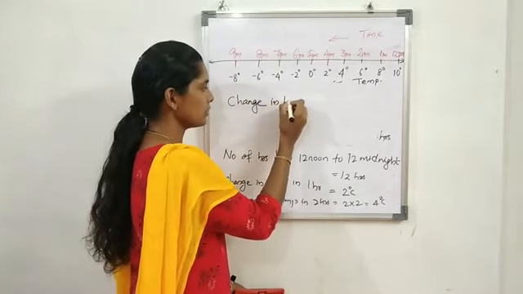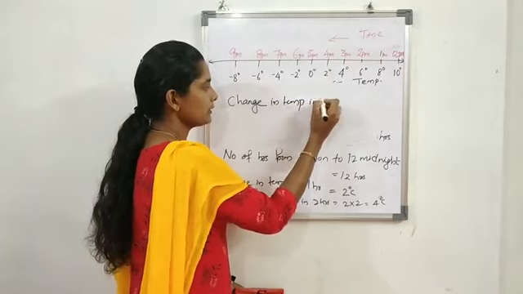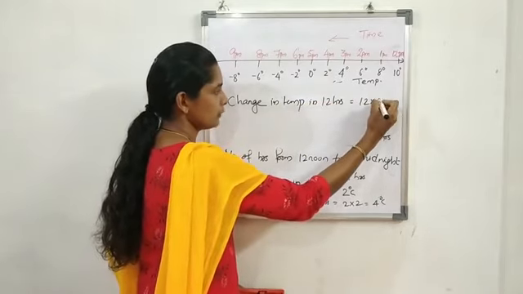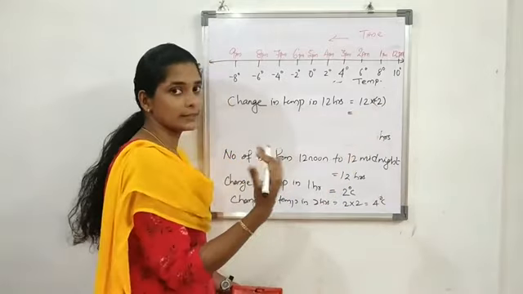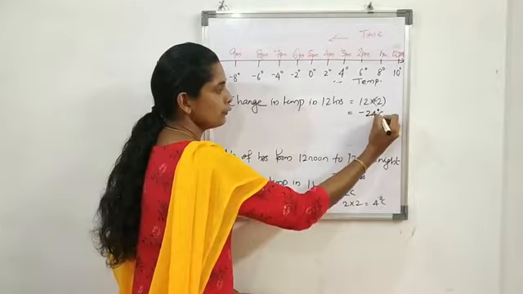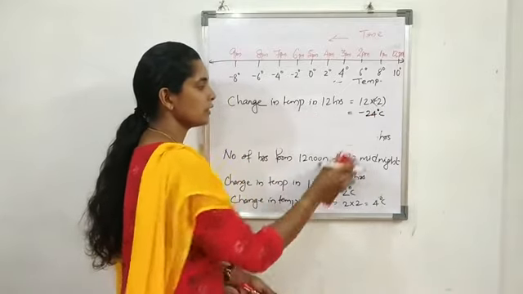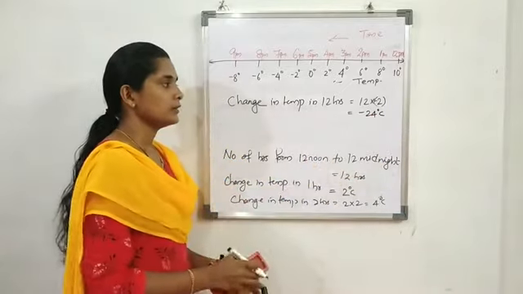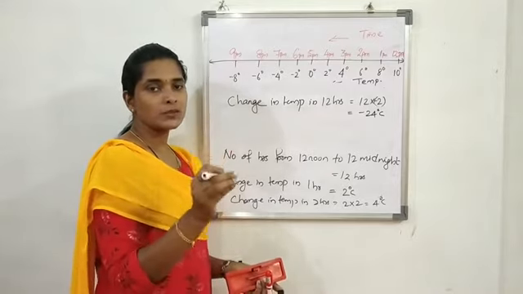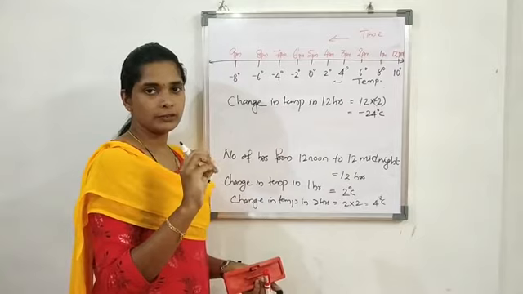Change in temperature in 12 hours, that is 12 into 2. This is minus 2 actually, because it is decreasing. That's why minus 2. 12 into minus 2 is minus 24 degrees. This is the change in temperature in 12 hours.